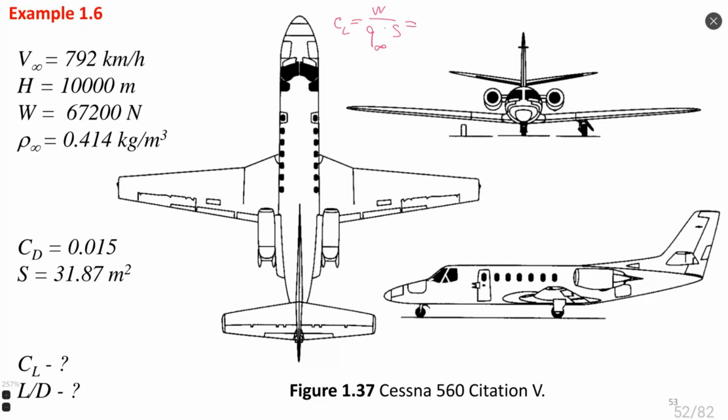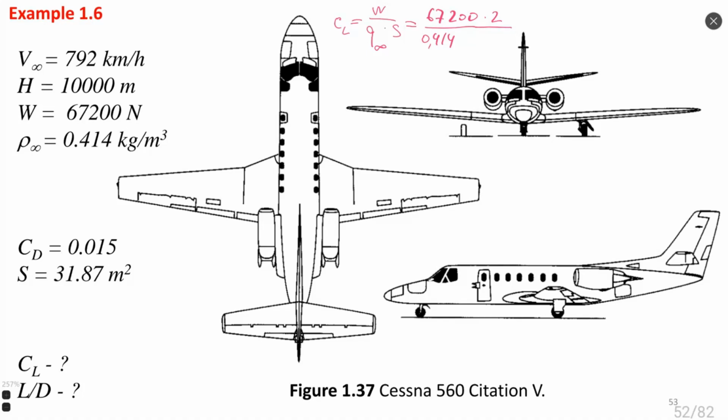Okay, I have 6700, and below I have 2, density is 0.414, and velocity is 792 kilometers per hour. We need to convert to meters per second to have everything in SI units.